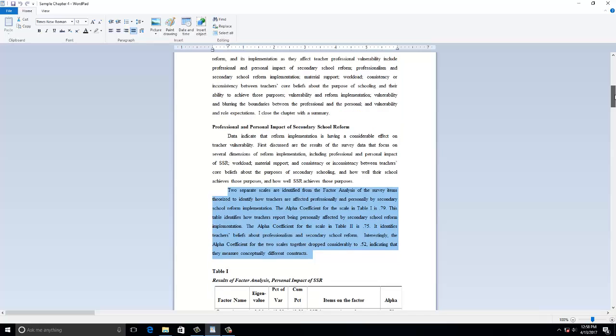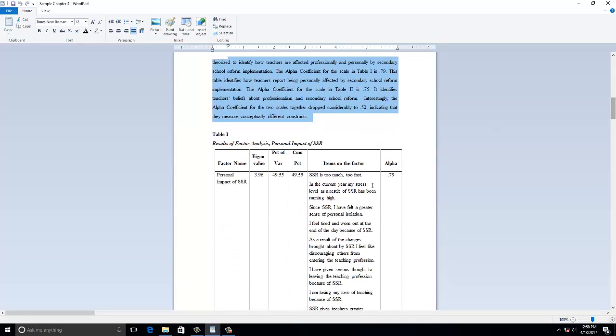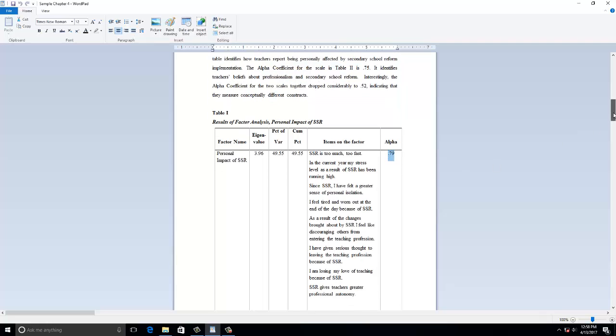And I explain that. When we look at table 1, what you'll notice is you have the factor name over here, which is where your question would go. And these were all the items that made up that particular scale. And this is the strength of relationship among these variables.